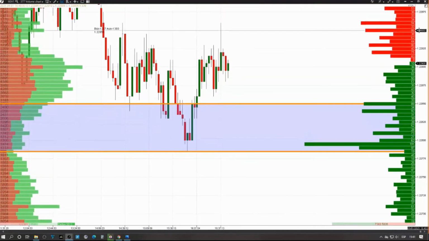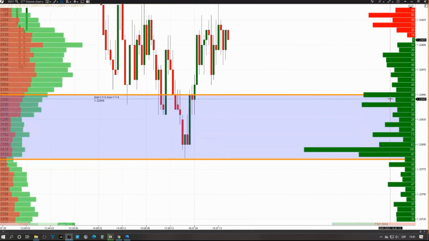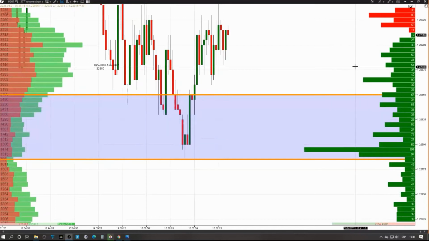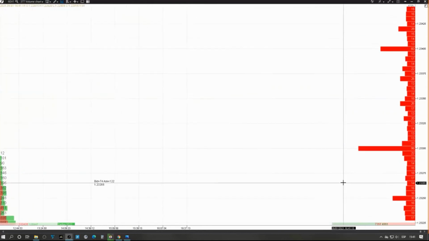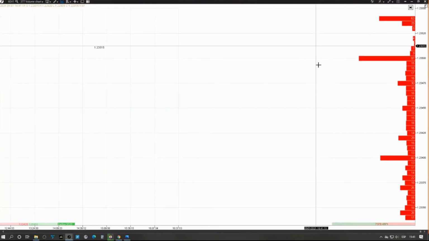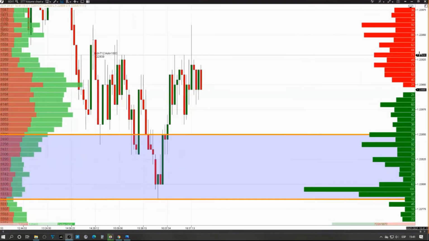Okay, you can see. Let me just put it bigger in case you don't see it. Right here on the right side, you can see exactly the amount of lots that are pending to be filled, right, on the buying side. The same for the selling side. So we have exactly, you can see here, where the sellers are and where the buyers are.